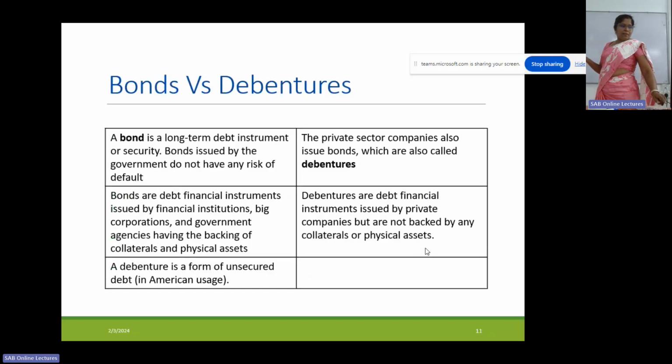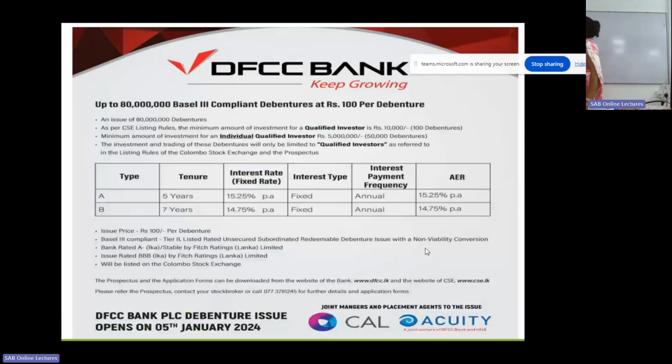This is a very recent debenture issue, around January 1st. Normally you will see this in the papers and on websites. This is the bond issue announcement, the debenture issue announcement.